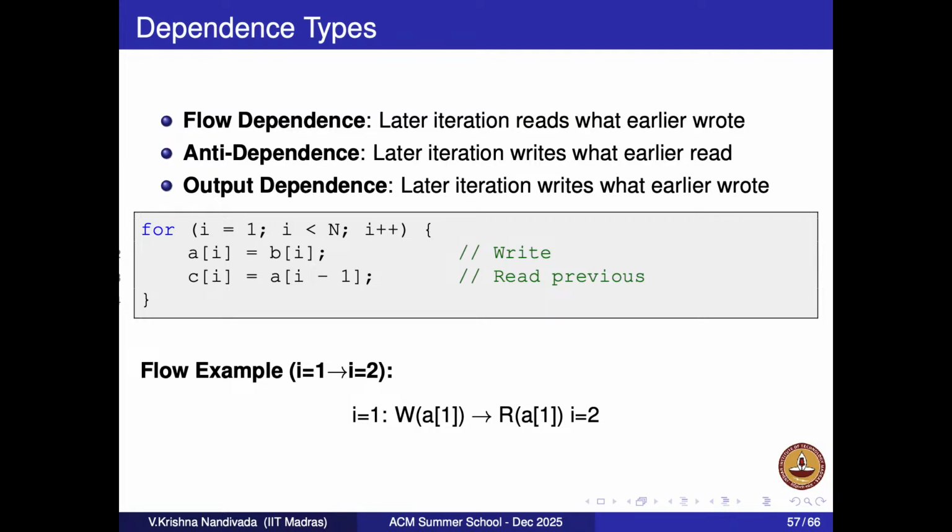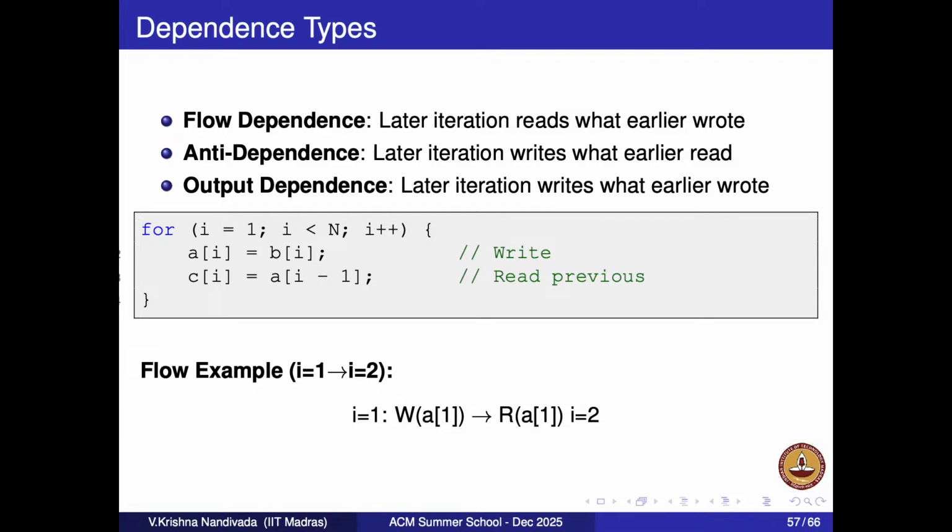We say there is an anti-dependence from statement S1 to statement S2. There is no flow dependence from here to here. This is an anti-dependence. Pay attention, this is an anti-dependence, right? Write after read.